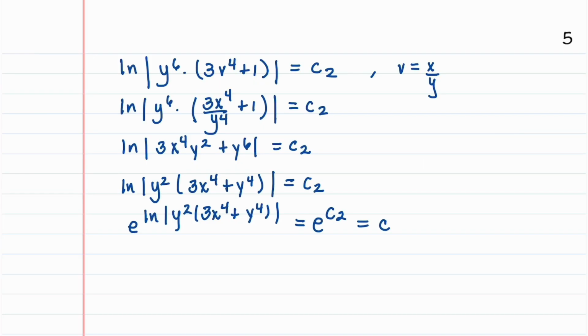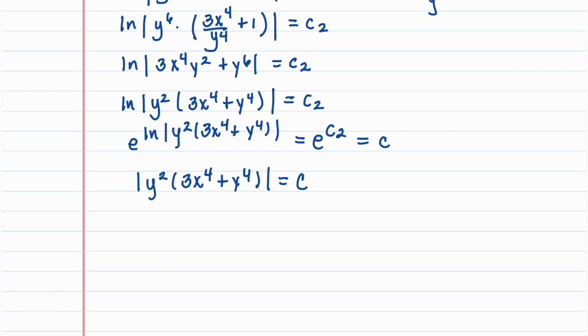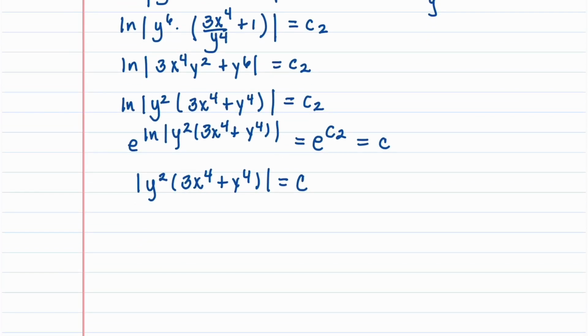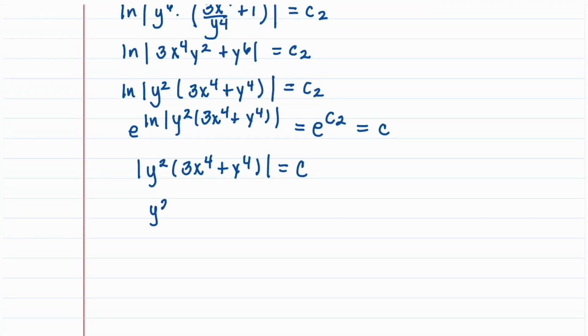On the left-hand side, we then get absolute value y squared times 3x to the 4th plus y to the 4th is equal to c. And then notice on the left-hand side, every term is raised to an even power, so we can drop the absolute value, and we get y squared times 3x to the 4th plus y to the 4th is equal to c. And that's our final solution.